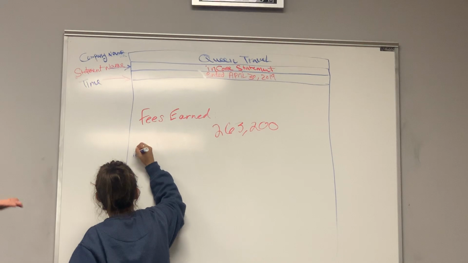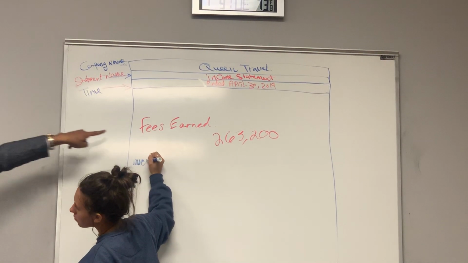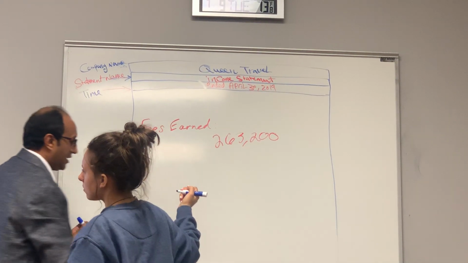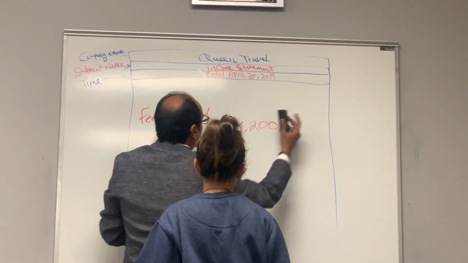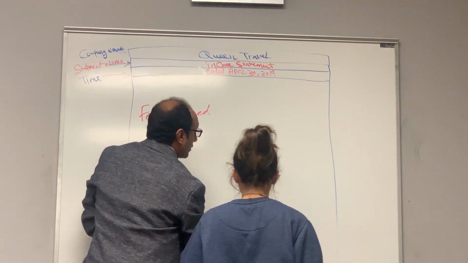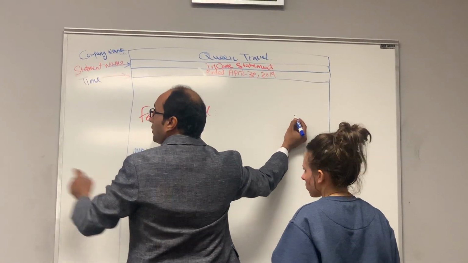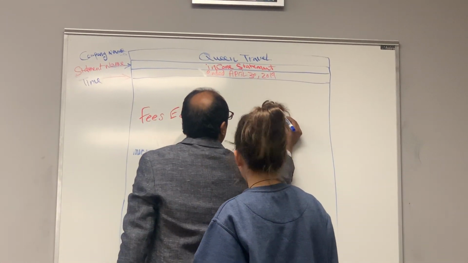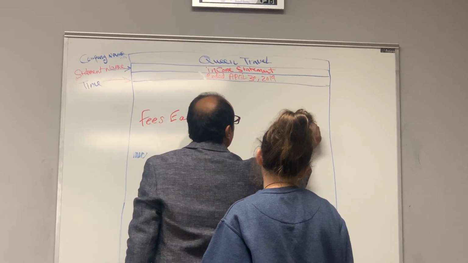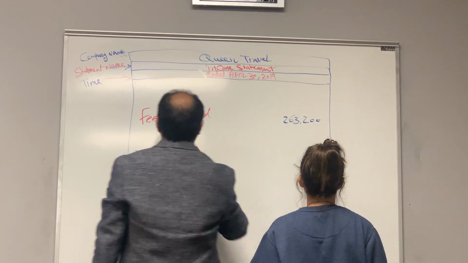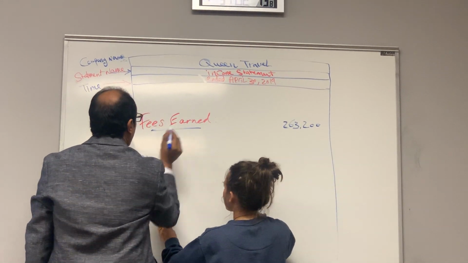That's it. Easy. So fee earned, you write here, how much? 263,200.